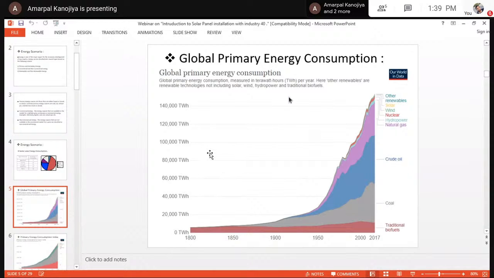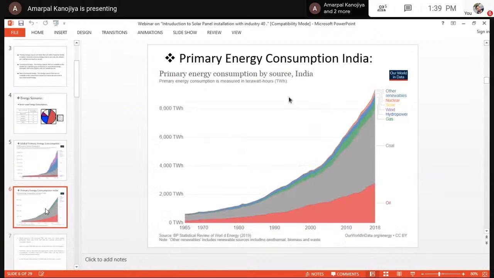Globally, in a year, we are using approximately 1,40,000 terawatt hours of energy. If we compare with India's consumption, it is only 8,000 terawatt hours of electricity, or we can say total energy we are consuming.